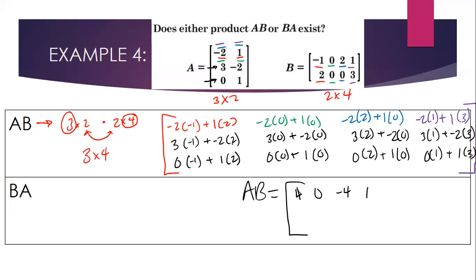Negative 3 plus negative 4 is negative 7. 0 plus 0 is 0. 6 plus 0 is 6. 3 plus negative 6 is negative 3. 0 plus 2 is 2. 0 plus 0, 0 plus 0, and 0 plus 3. And that would be your product, which is a 3 by 4, as you said it would be.